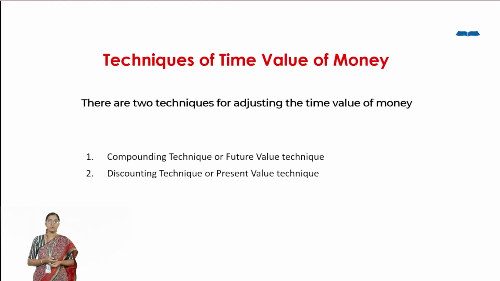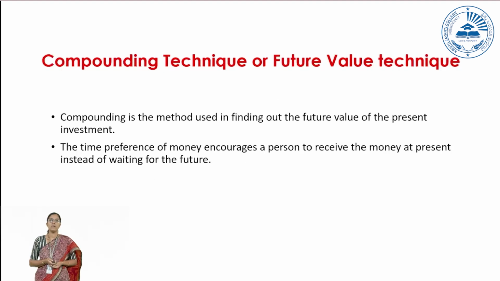These are the two techniques of calculating time value of money: one is compounding and the second is discounting. We will discuss more about the compounding technique, which is used to find the future value of a present investment. For example, you have 1 lakh rupees in your hand.